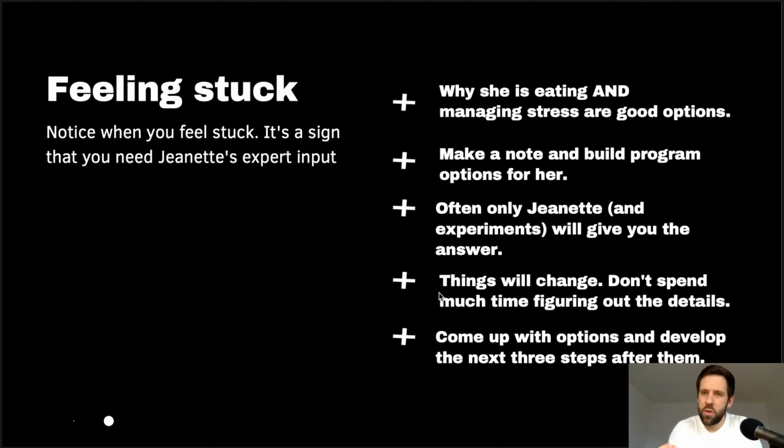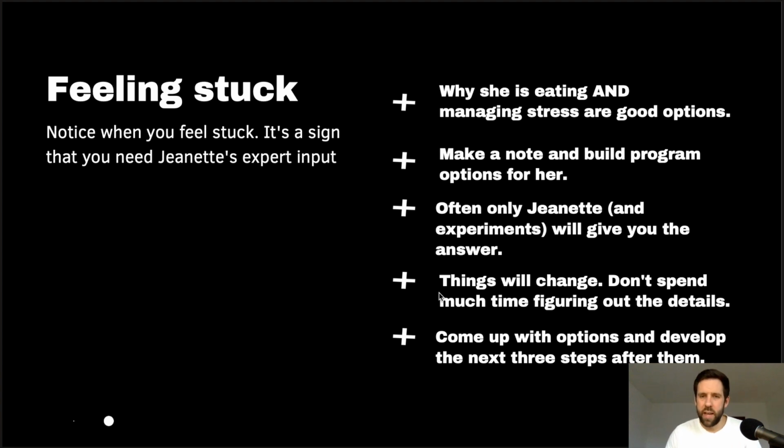So when you're not sure what to do, this is a sign that you need her input. Because you have to understand there's only 50% or even less perspective that you have. You have talked with her a little bit, you have an intake questionnaire, but you have no idea what is the easiest thing for her, what are the hardest things for her, what she is ready to do, what she is not ready to do.